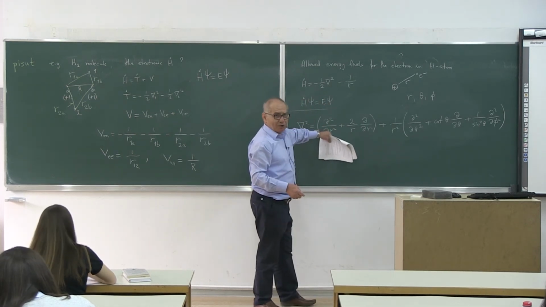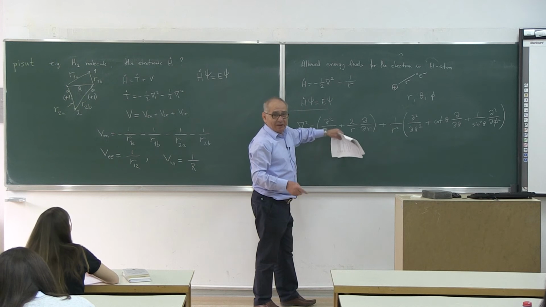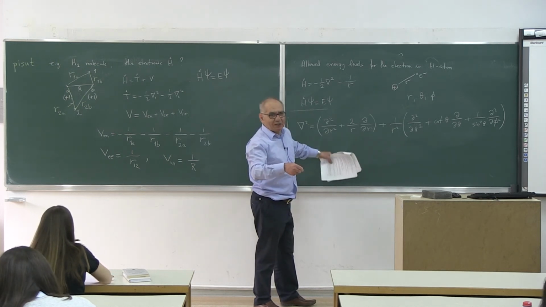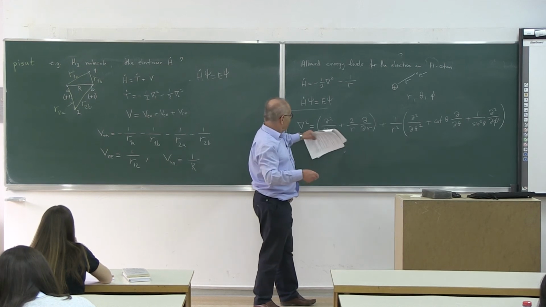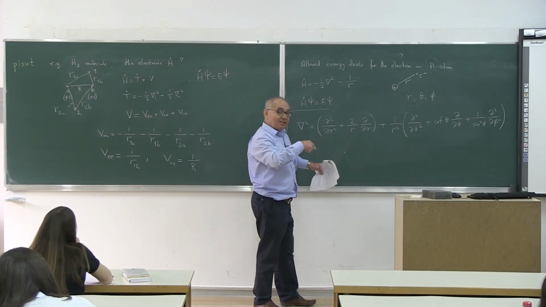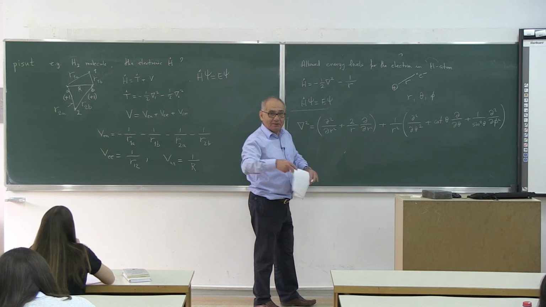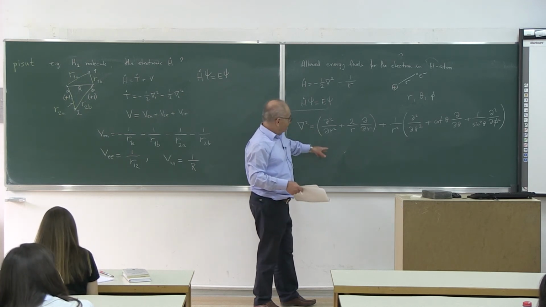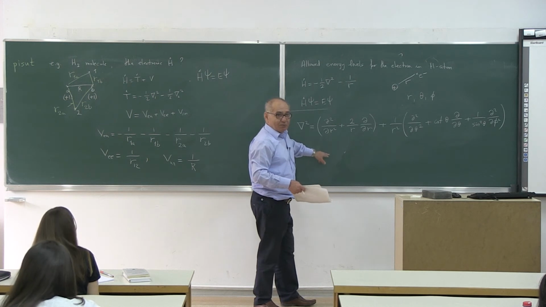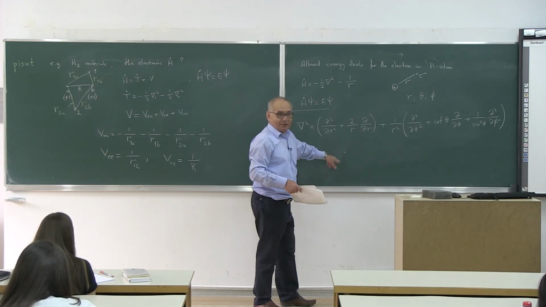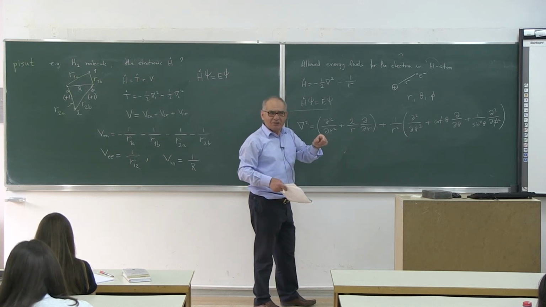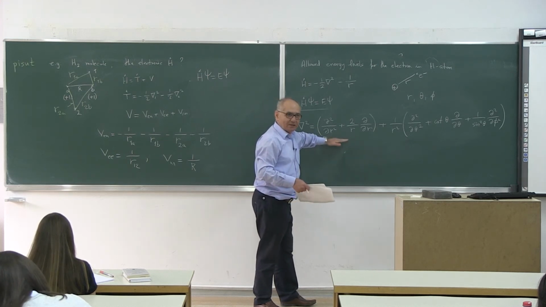This expression for the Laplacian in spherical polar variables is more complicated than the expression in Cartesian type variables. Why? Because in Cartesian variables x, y, z, this is just the second derivative with respect to x plus the second derivative with respect to y plus the second derivative with respect to z. That expression is simpler than this expression.